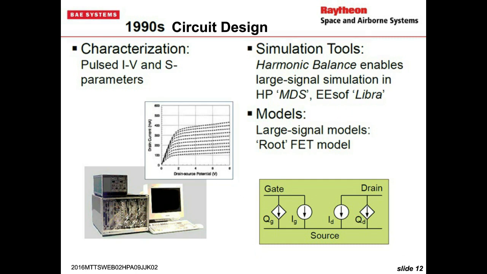The next step was in the 90s, and here you had simulation tools such as harmonic balance, which allowed you to separate the nonlinear and linear parts of the problem out. So the efficiency of the linear analysis in the circuit simulators could take care of frequency response.